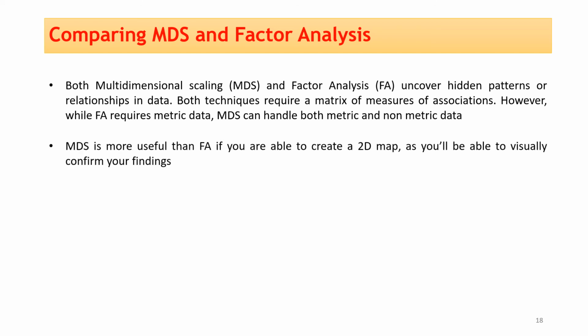And the MDS, that is multidimensional scaling, is more useful than factor analysis if you are able to create the two-dimensional map, as you will be able to visually confirm your findings. So this is the comparison between the multidimensional scaling and the factor analysis.